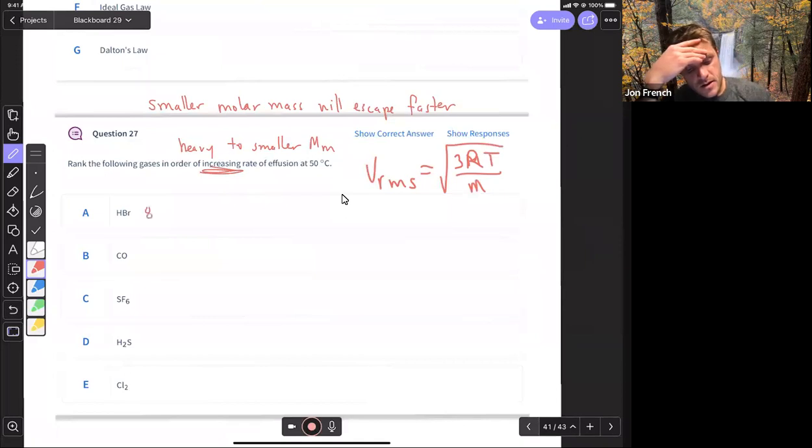So HBr is like 80 grams per mole. Oxygen is 16, so 26, 28 grams per mole. Sulfur is 30, maybe like 34. Chlorine 35, so like 70.9 grams per mole.